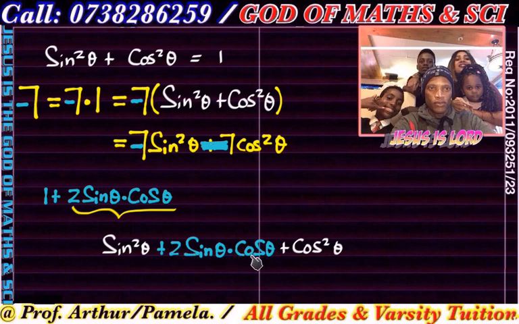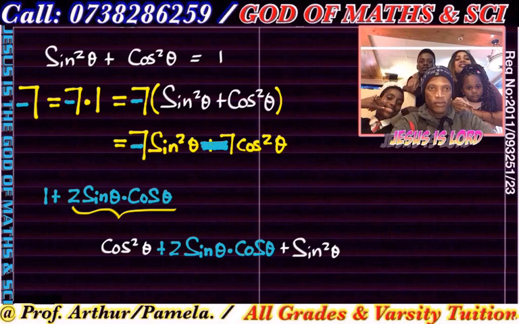And when you have this, it's a trinomial, you can factorize it. Another way, you can put the sine at the end and put the cos first. It doesn't matter which one is first, which one is last, as long as the multiplication of sine and cos is the middle term.